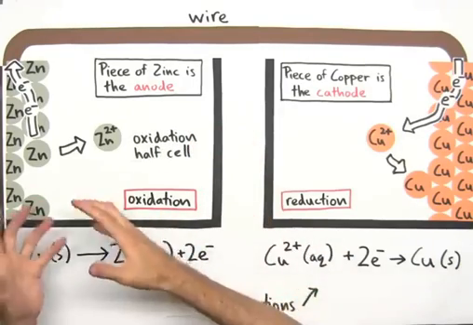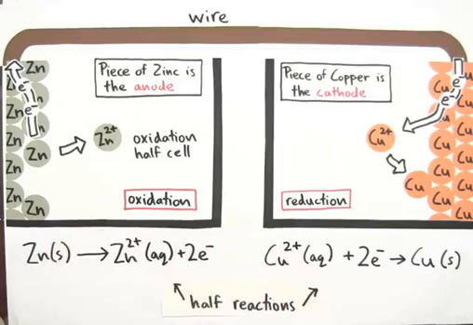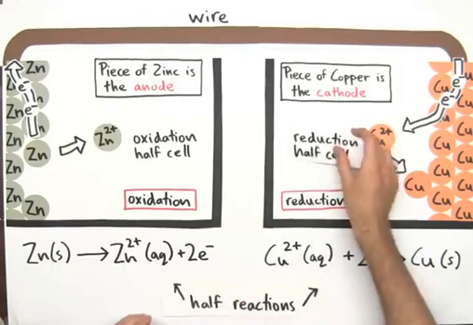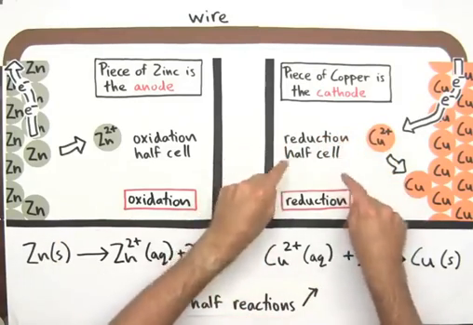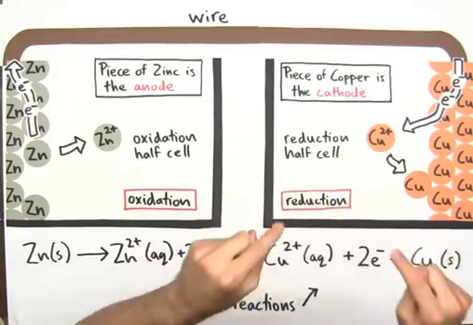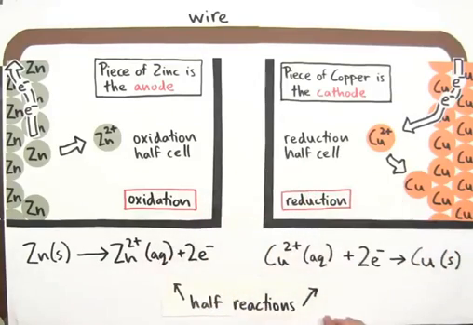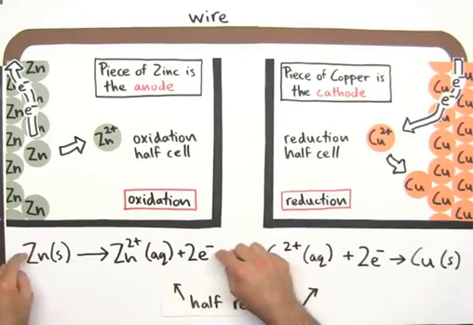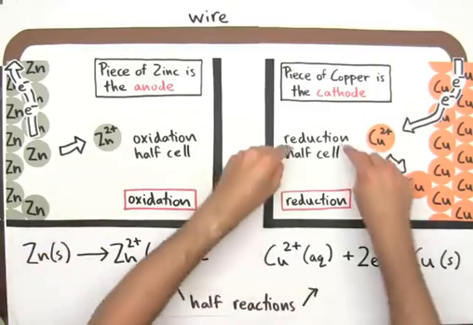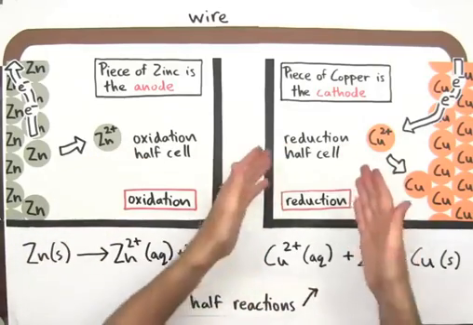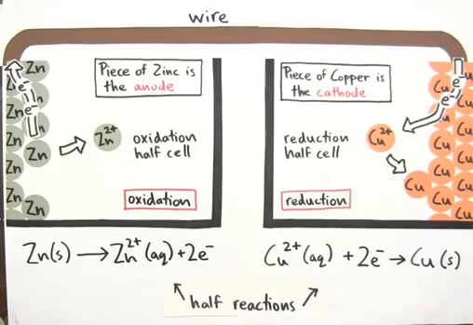It's half of the voltaic cell where the oxidation is taking place. And we call this the reduction half cell. It's half of the voltaic cell where reduction is taking place. And it is these half reactions that show what's going on in each one of the half cells. I said half shells. It's like Teenage Mutant Ninja Turtles coming back to haunt me from the 80s.